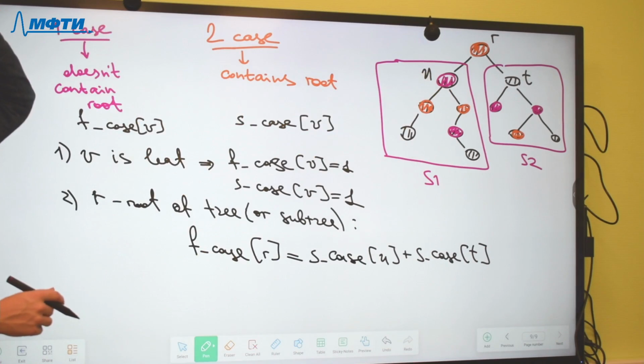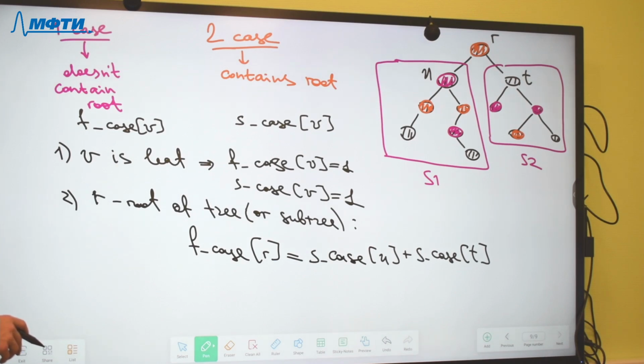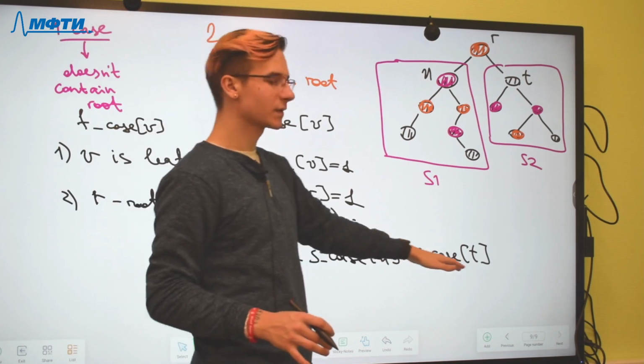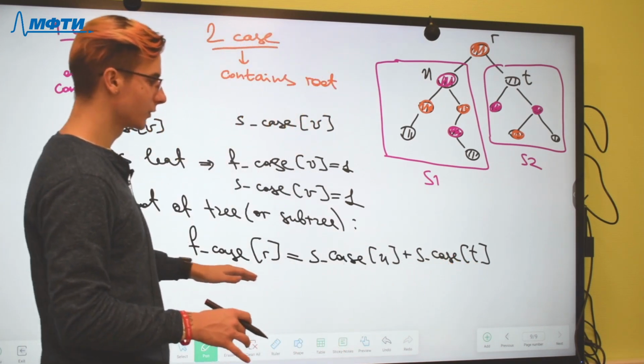Is it understandable? And of course, if R has a lot of children, we need to sum over all of these children.